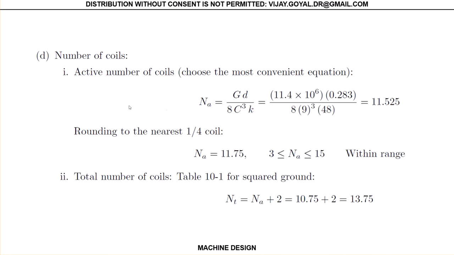And then now I go and find the number of coils. You can see get this value. The next quarter up will be 11.75. This is within the range. So this is 11 here. So this is within the range, and this is 13.75.